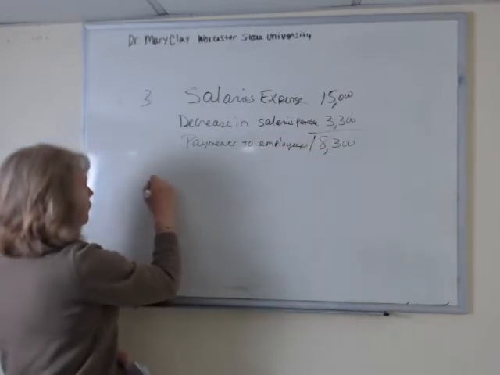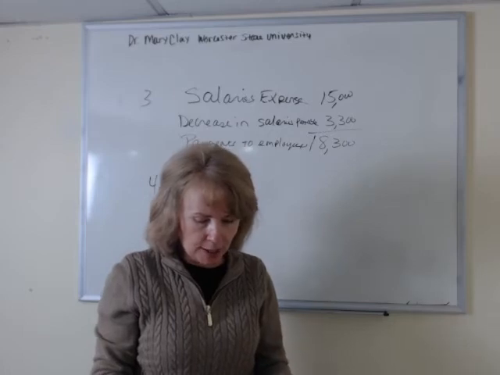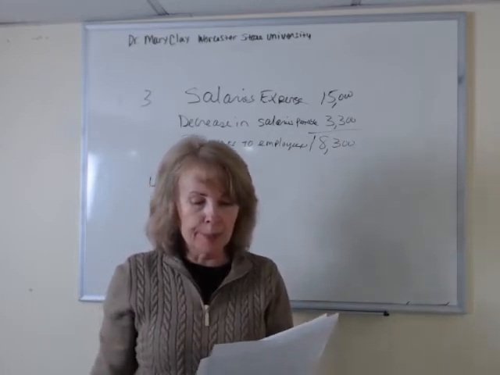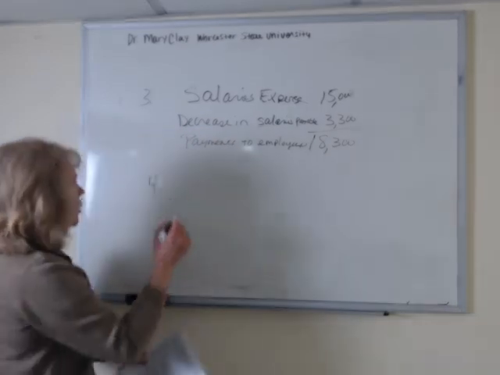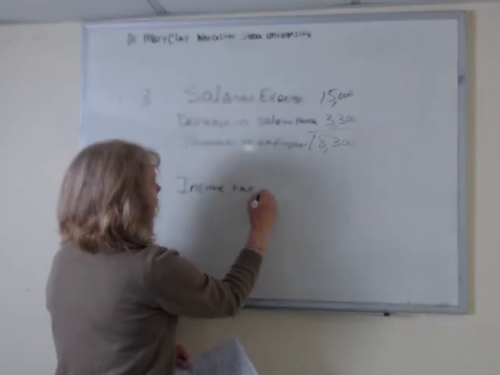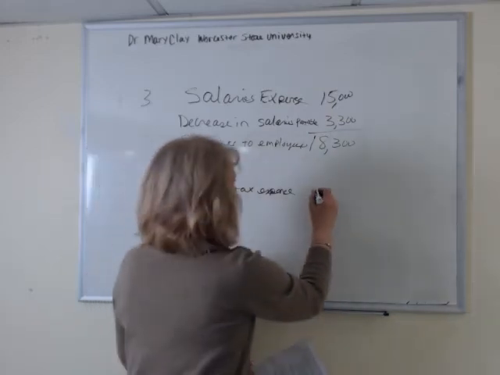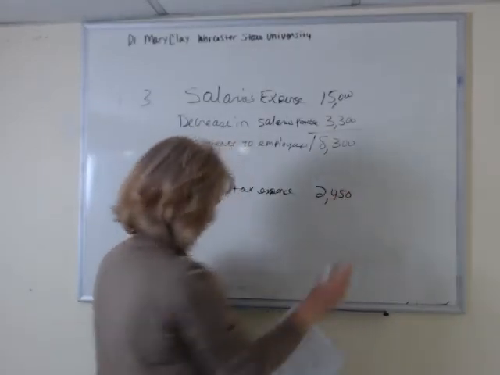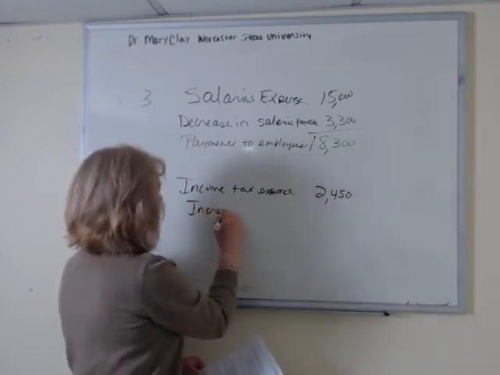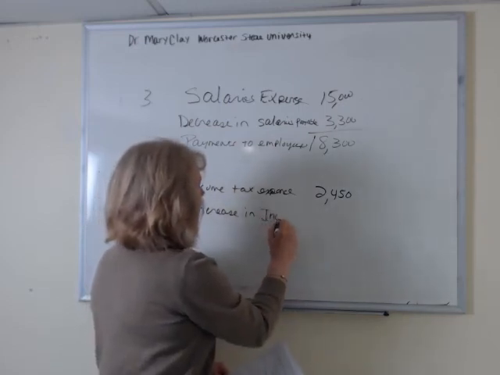The last one for this week. Next week I'm going to have you do a direct and indirect method. Last one for this week is compute Clay Company's income taxes paid. So you start with income tax expense, $2,450. And then increase in income taxes payable.